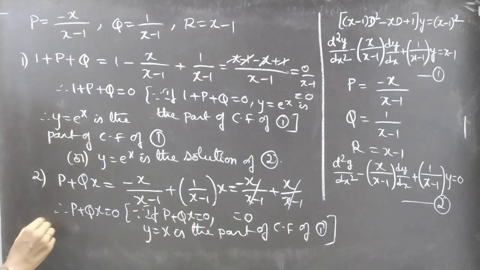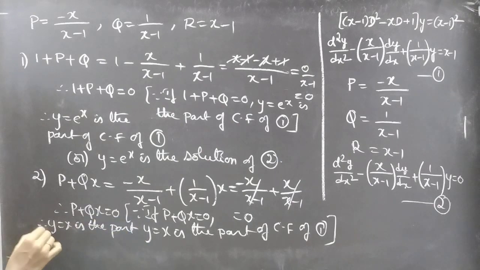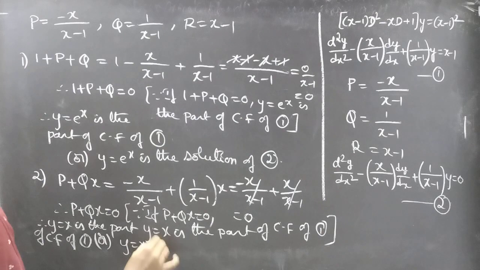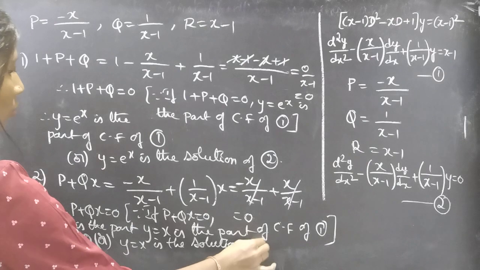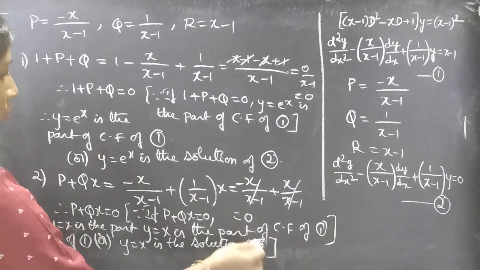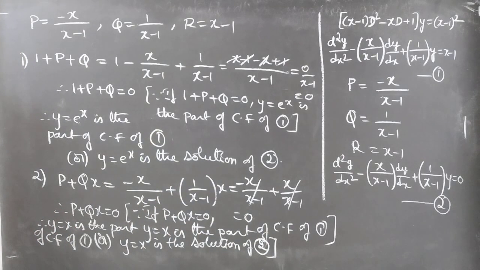Therefore y equal to x is the solution of the homogeneous equation of 1, which is equation 2, right? So y equal to e power x and y equal to x, these two are the solutions of equation 2, right?